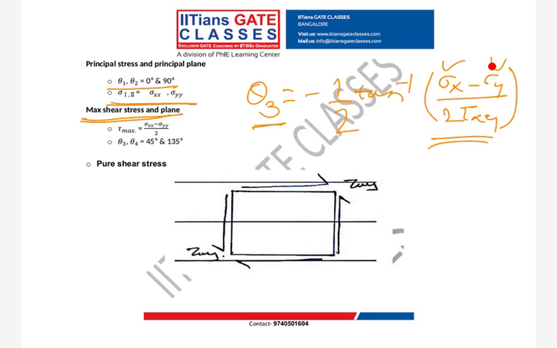You cannot say directly plus 45 or minus 45. Whether theta is 45 or minus 45 depends on the magnitude of sigma x and sigma y. If sigma x is greater, theta is minus 45. If sigma y is greater, theta is plus 45. Clear? So here there are two cases.